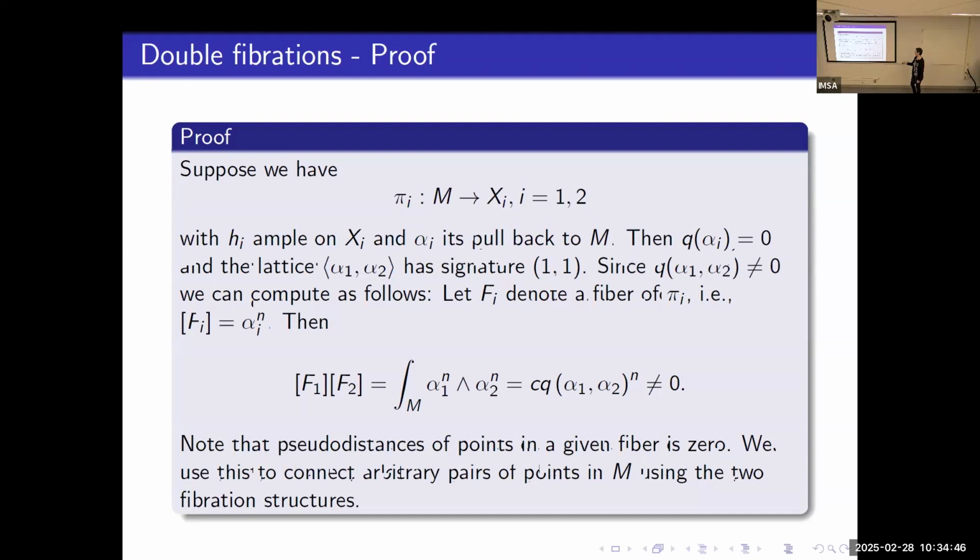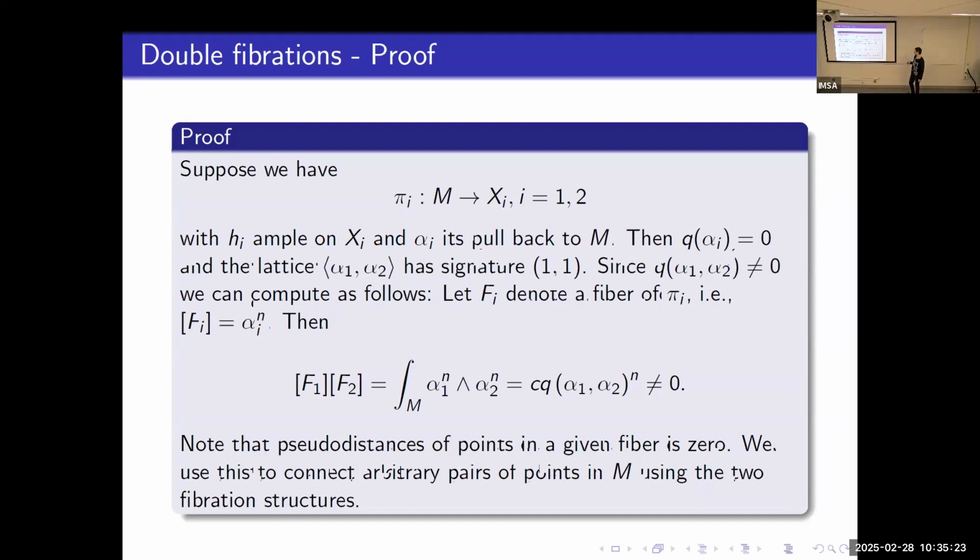So the intersection of these two fibers is just a positive constant times the intersection of the two classes alpha_1, alpha_2 to the n. Actually, that's positive. I wrote different than 0, but it is positive. You don't want one of them to be a component of the other. So, because it is actually positive, it means that the general fiber of one fibration intersects the general fiber of the other fibration.